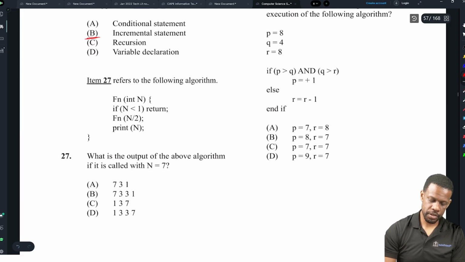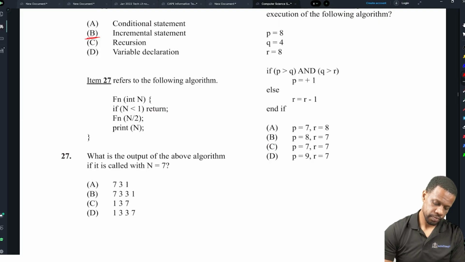Item 27 refers to the following algorithm. Function int n. If n is less than 1, return function int. What's the output of the above algorithm if it is called with n is equal to 7? Alright, so putting in a 7 here.